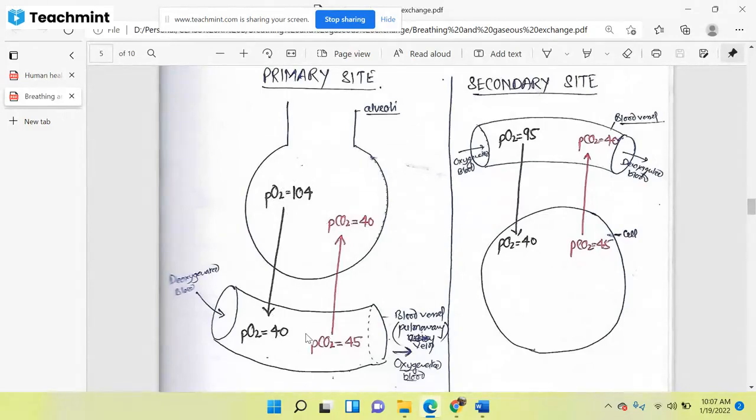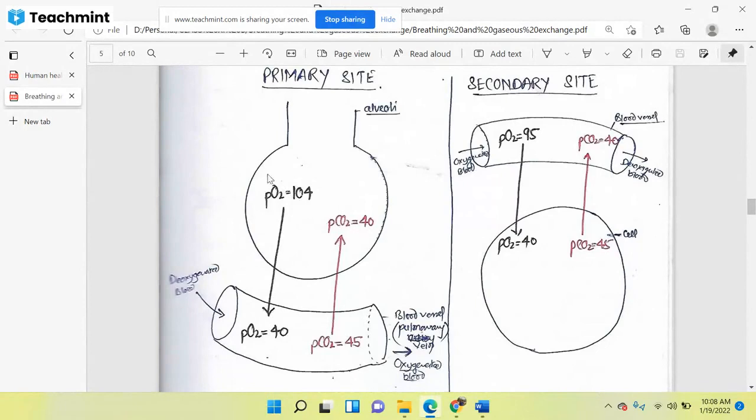And as you know, our cells consume this oxygen and oxidize food to produce ATP, and as a result carbon dioxide is produced. Here you just see carbon dioxide also reaches the same blood vessel, and this carbon dioxide diffuses from this blood vessel to the alveoli. So this exchange of oxygen and carbon dioxide takes place from alveoli to blood vessel, and from blood vessel to alveoli.